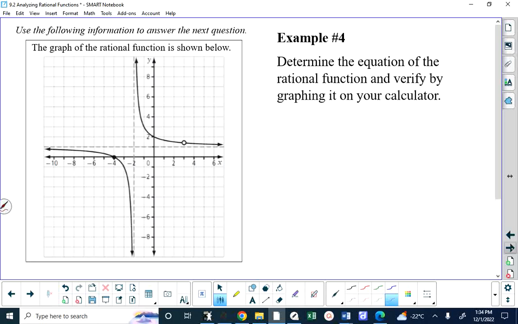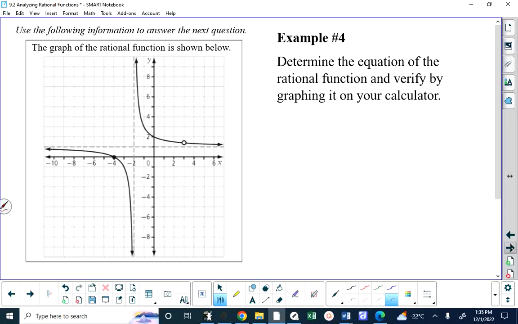One last thing. This is the only other thing, and this example is going to teach you one final thing. What we want to do is determine the equation of this rational function. And unless you're told it's a transformation of 1 over x or a transformation of 1 over x squared, stay away from the AHK thing.